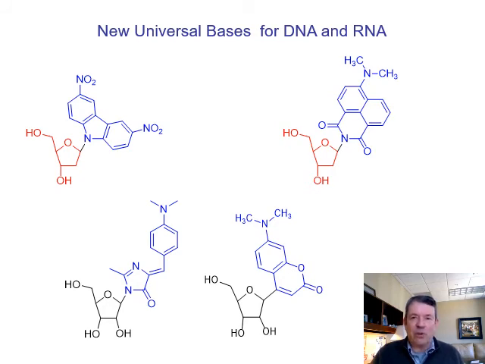Even potentially more useful are fluorescent bases that do the same thing, and here's a couple that we have designed. We have not made these in either DNA or RNA yet, but these are universal and they fluoresce, and in particular they increase their fluorescence when they form a double helical structure.